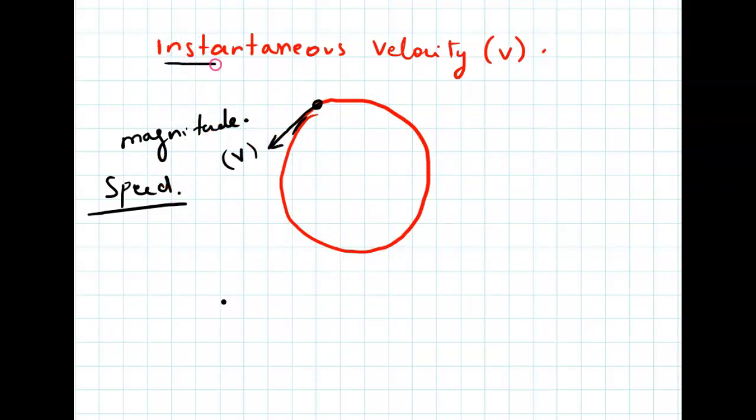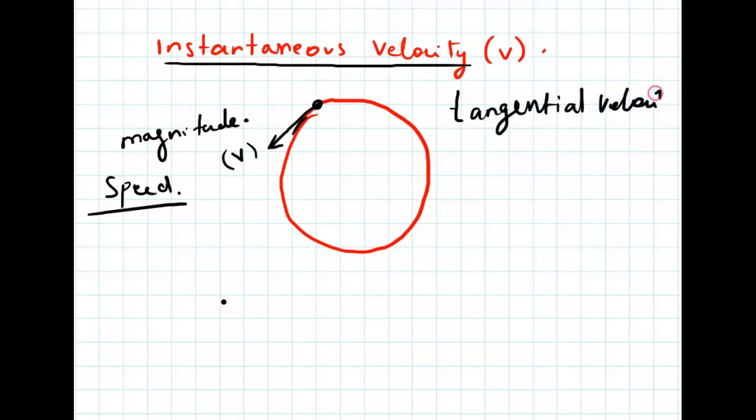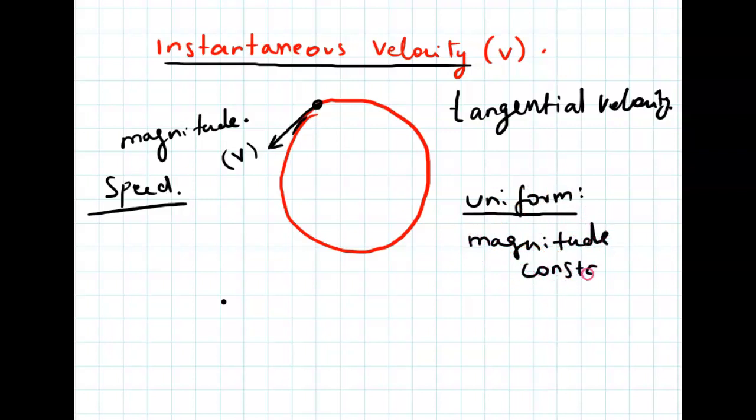This instantaneous velocity is otherwise called tangential velocity. For uniform circular motion, the tangential velocity magnitude is constant, but the direction changes continuously.